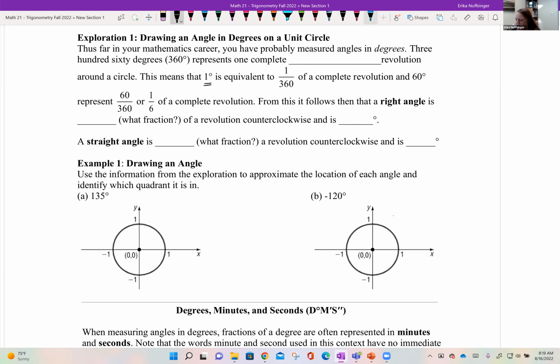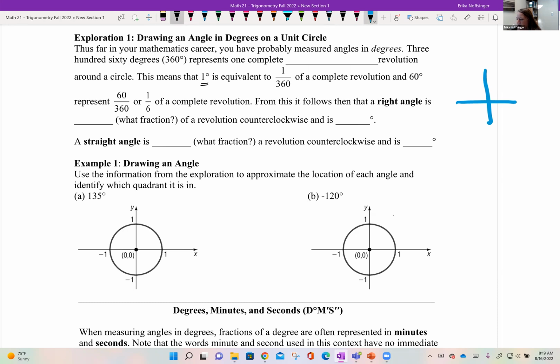So let's just, again, start on our positive x-axis on our initial side, and we do 1 revolution. That's 360 degrees. If we break that down into 360 parts, that means 1 part is going to be 1 degree.